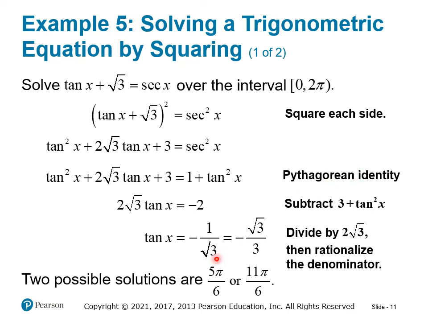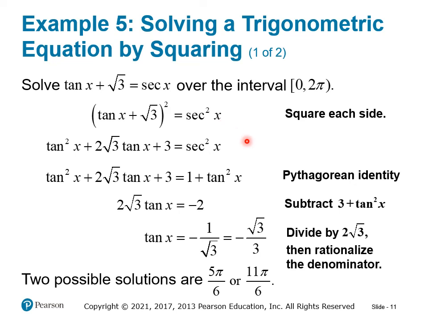Now, one of the things that happens is when we do something like this where we square an entire equation, or square each side, we have to check the answers, because when we square things, especially if we square negatives, they become positive. And so we create what's called false positives.